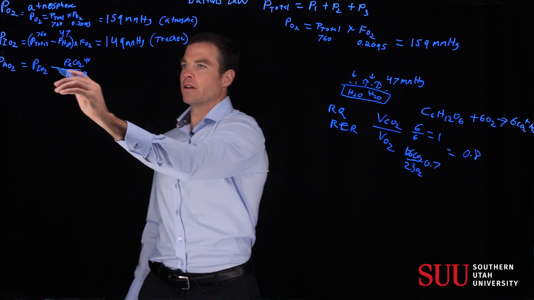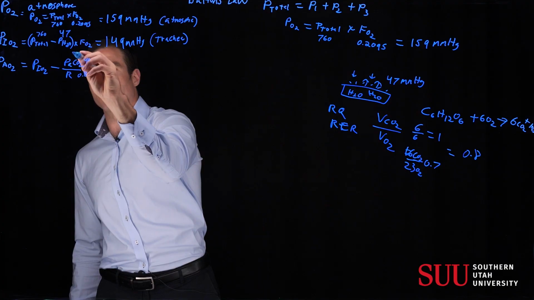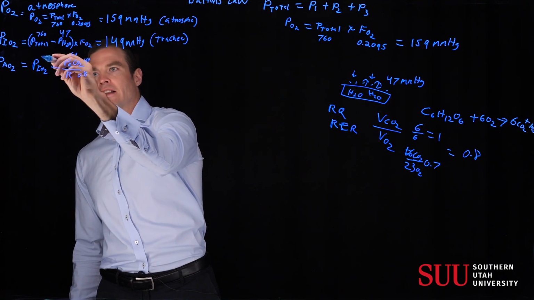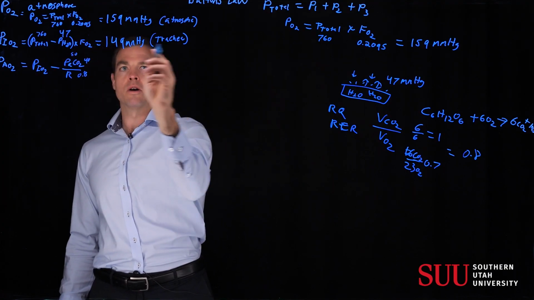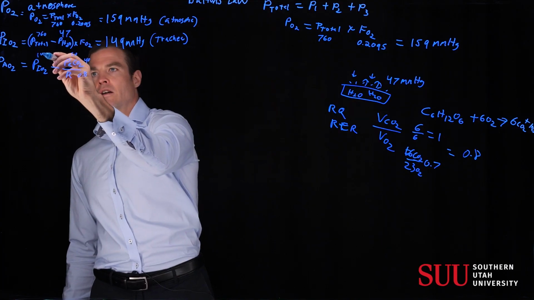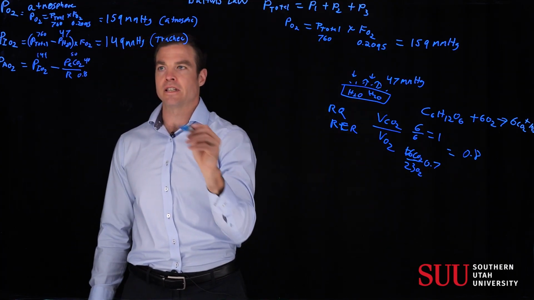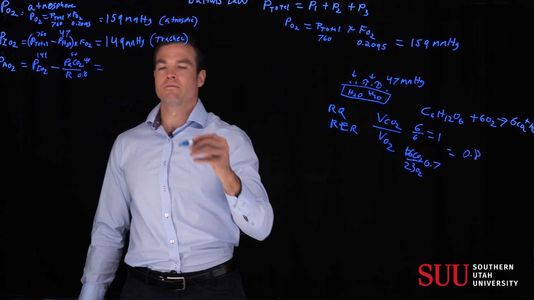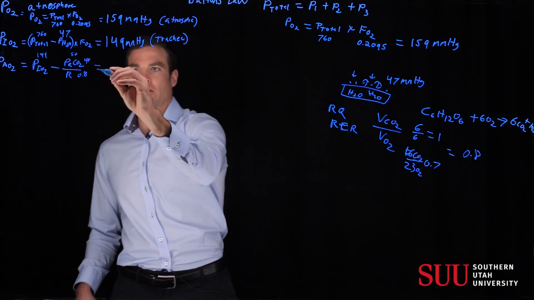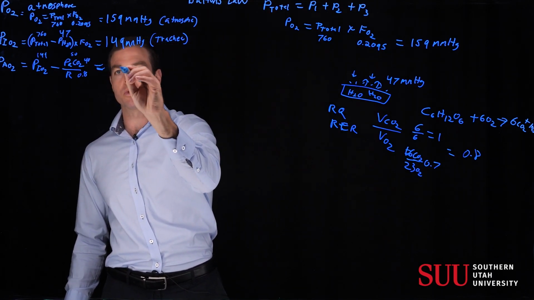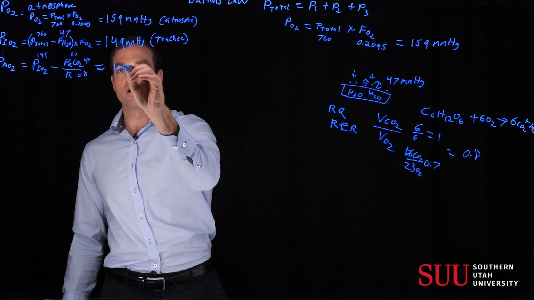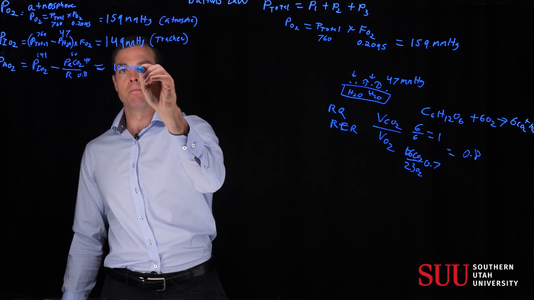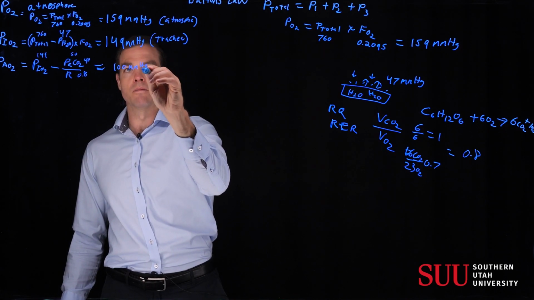And then we remember here, so, okay, if we do this whole thing, it is 50. And then here the PiO2 is 149. So 149 minus 50 is going to give you 99, or we'll say, let's do the squiggly lines here, about 100 millimeters of mercury.